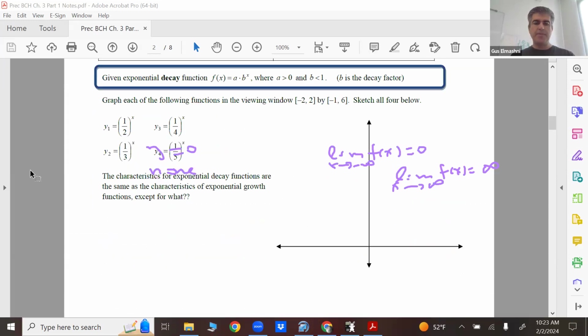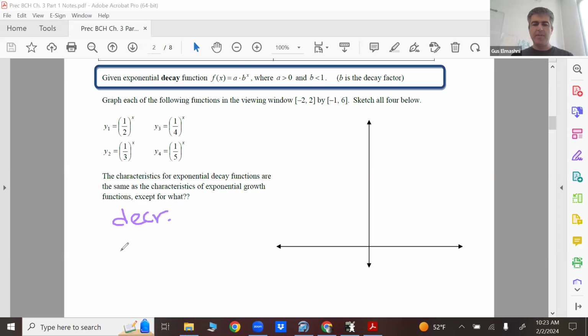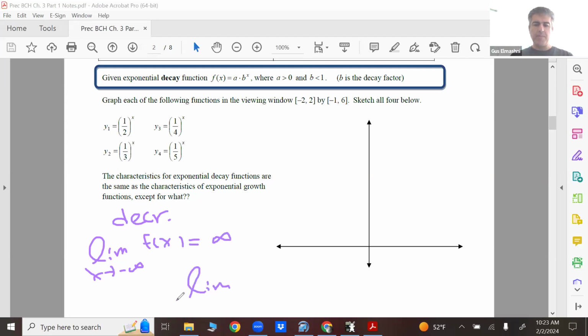Next part should be pretty fast too. Obviously the base is less than 1, but greater than 0. So what do they have in common? The characteristics for exponential decay are the same as the characteristics of exponential growth, except obviously it's decreasing. Also, the limit as x approaches negative infinity of f of x will be positive infinity, but the limit as x approaches positive infinity will be 0.